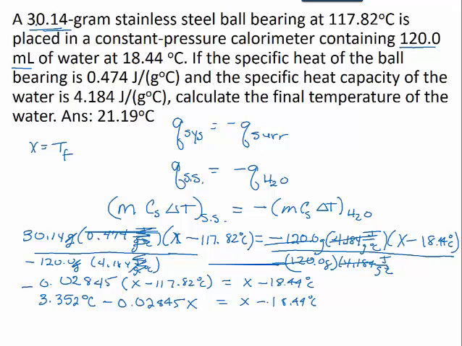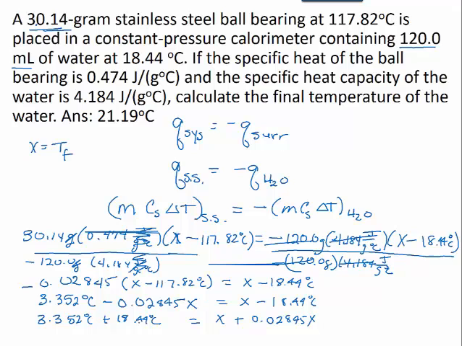Now I'm ready to get my x terms together and my degrees Celsius parts together. So I'm going to bring the degrees Celsius to the left side, and that would be 3.352 degrees Celsius plus 18.44 degrees Celsius. And on the right hand side we have x plus 0.02845x.